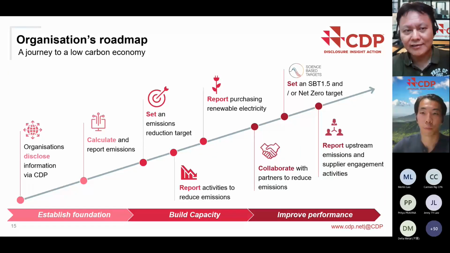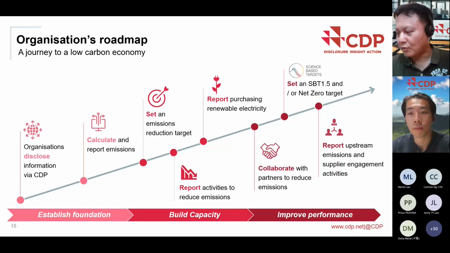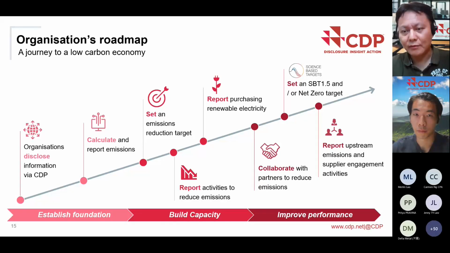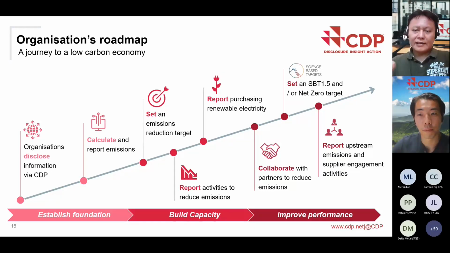By the time you look at that science and you realize the difference in the world between 1.5 and 2 degrees, then trust me, you're going to want to be part of hitting 1.5 degrees with all of us. So that's kind of the journey that you can go on if you start disclosing with CDP now.